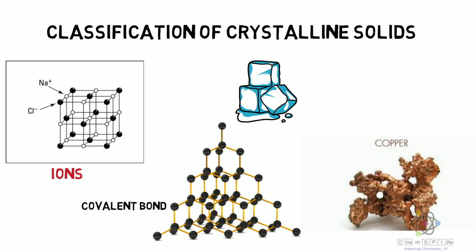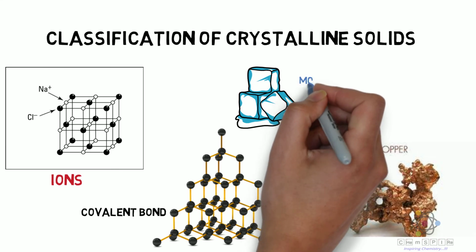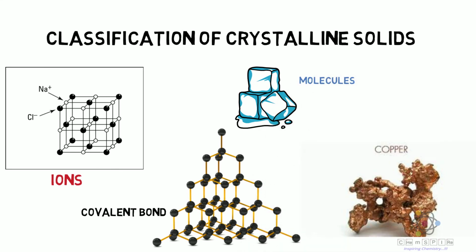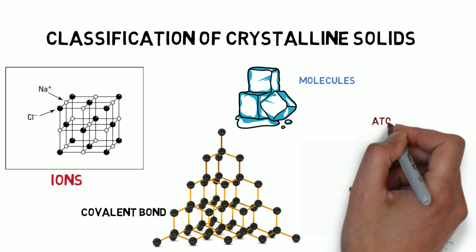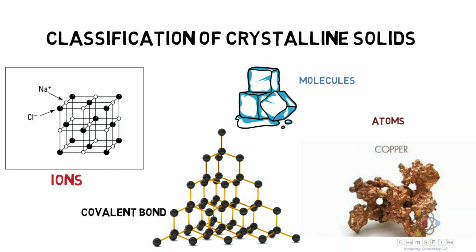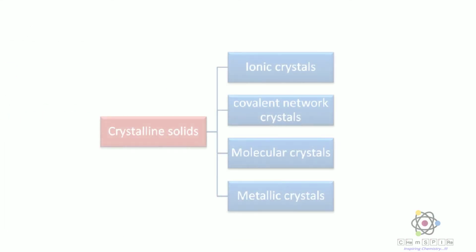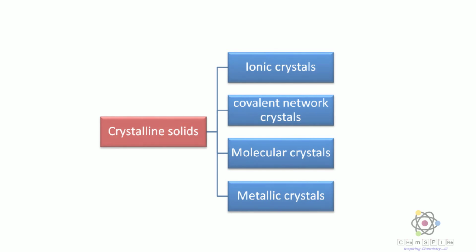Ice is again a crystalline solid, but it is made up of water molecules. And copper is a metal made up of copper atoms. So depending upon these types of crystalline solids, we classify them as ionic crystals, covalent network crystals, molecular crystals and metallic crystals.